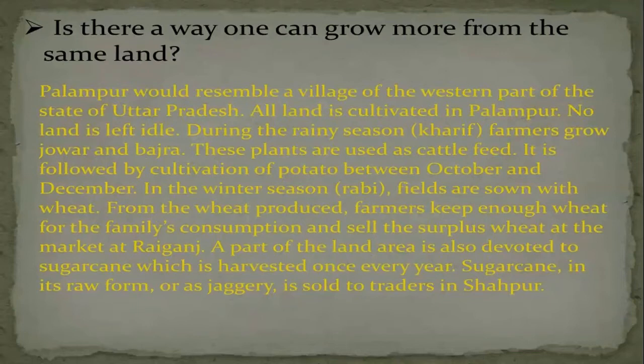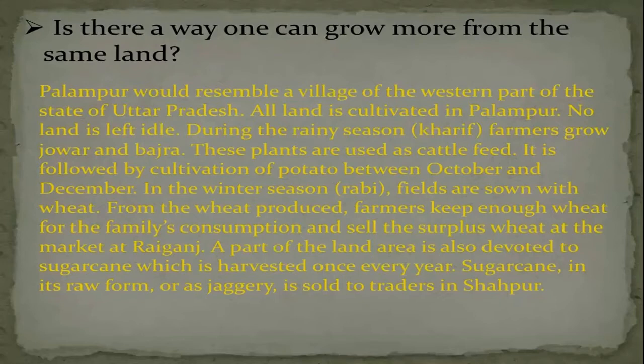In the winter season, the fields are sown with wheat. When this wheat is produced, the farmers keep the amount they need for themselves, and the surplus, whatever is left, is sold in the market. They go to Raiganj and sell it in the market.